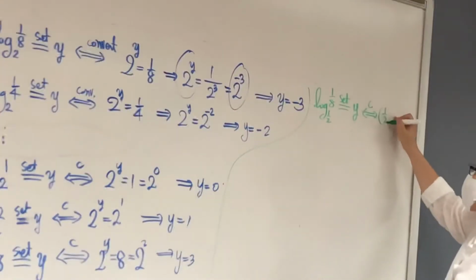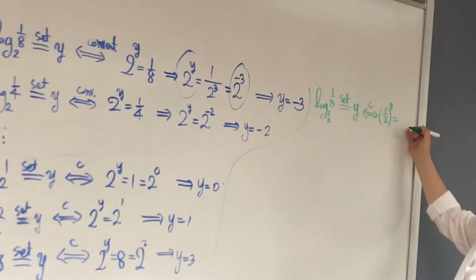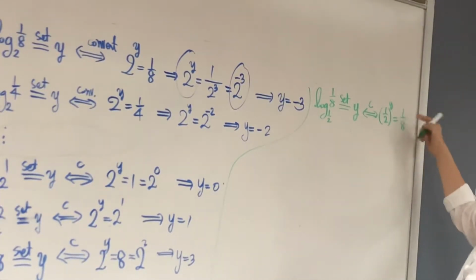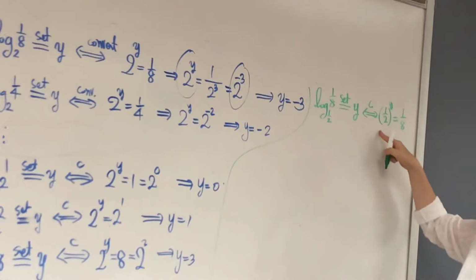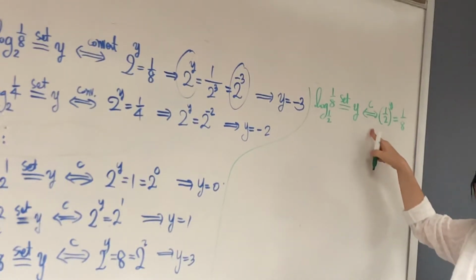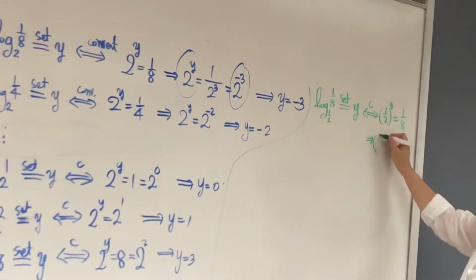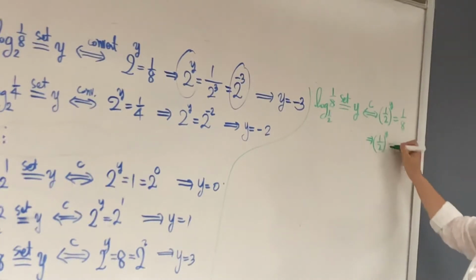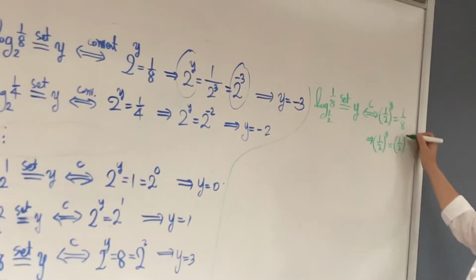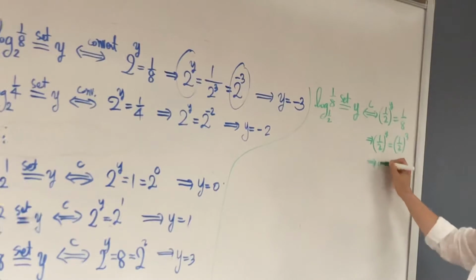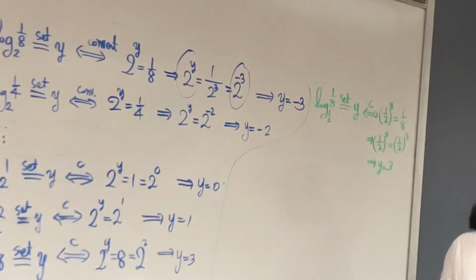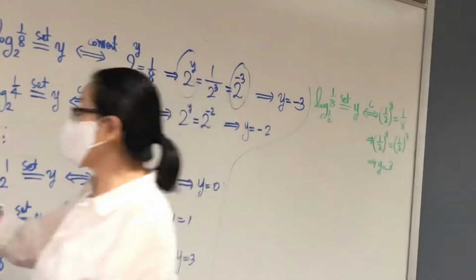Very good. 1/8 can be changed to a power of 1/2. What is it? 1/2 to the what? Good. So what is y? Do you understand? Okay. So this is 3.